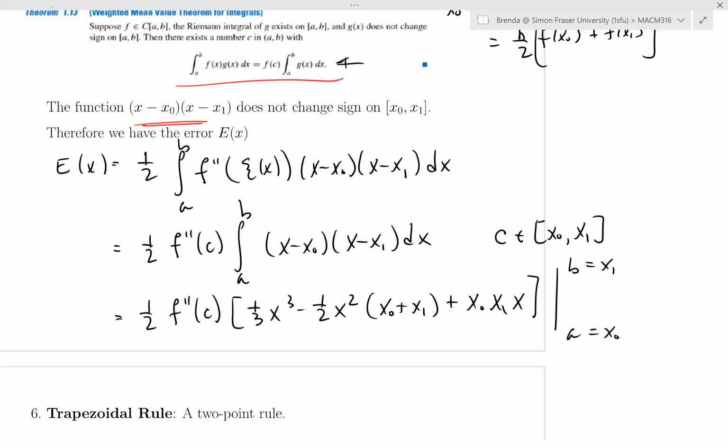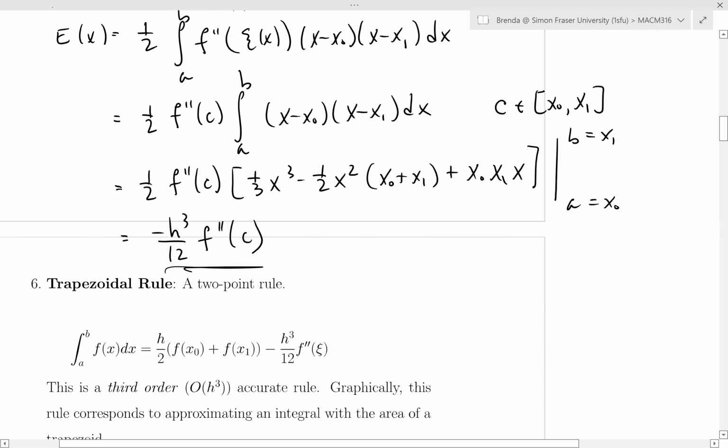So I've only got 2 points. And I get here minus h cubed over 12 times the second derivative. There. Now I have an error bound for the trapezoid rule, written down here. There it is.